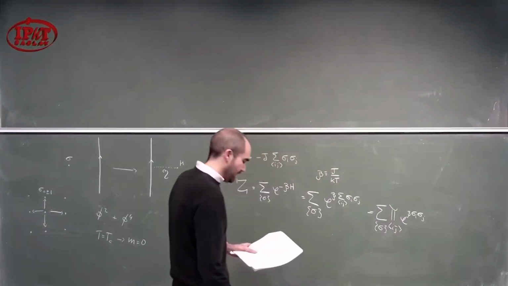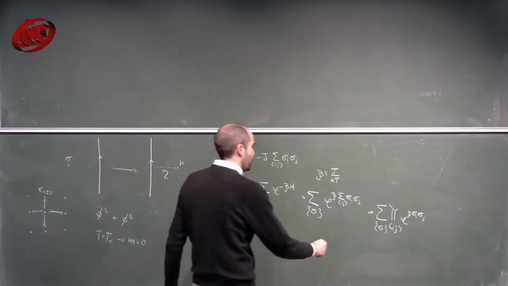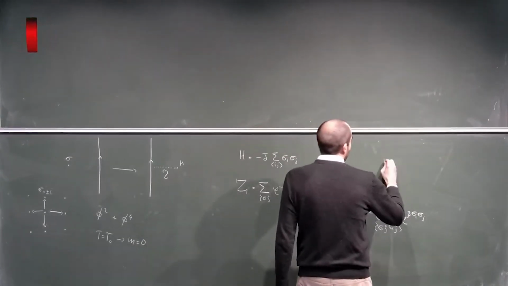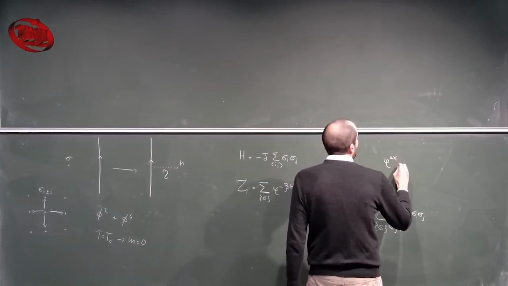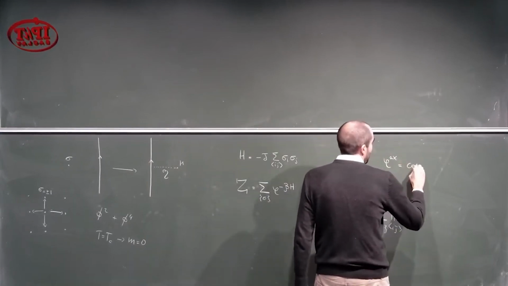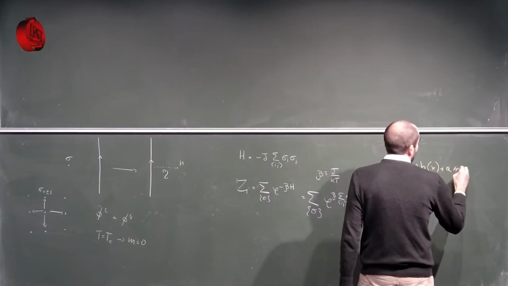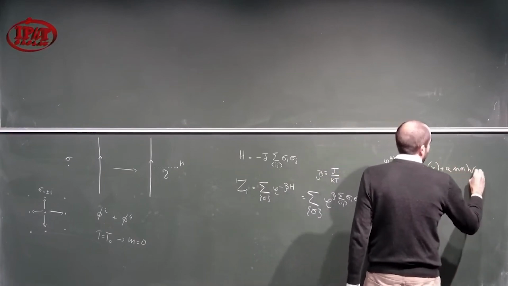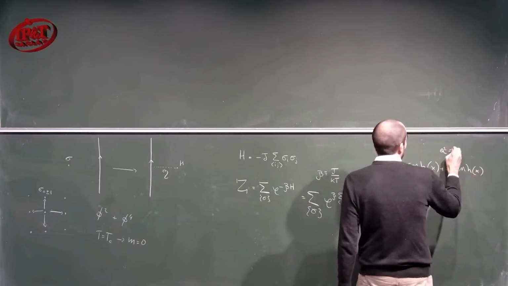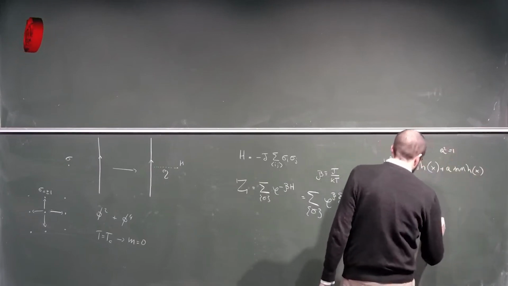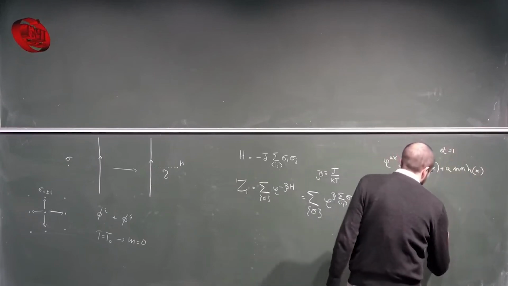And then I'm going to just use an elementary property, the fact that e to the a x is equal to the hyperbolic cosine of x plus a times the hyperbolic sine of x, if a squared is equal to 1, to write down the expression in an equivalent way.